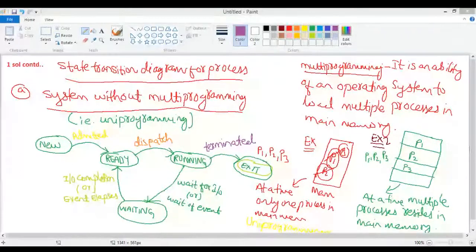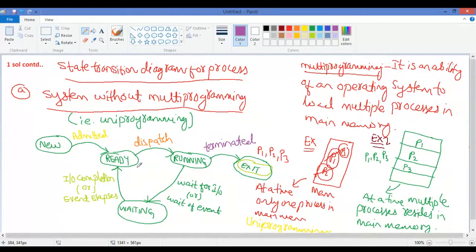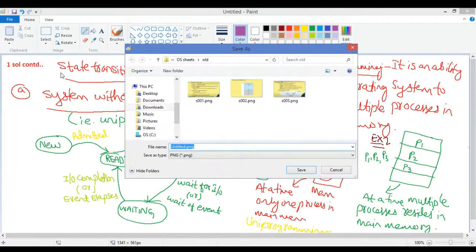Here also you will see that the correct answer is again no, because you will not see any transition from running to ready. Okay, so that's great. So now let's go for case B, system without multi-programming. Okay, so I will save this.